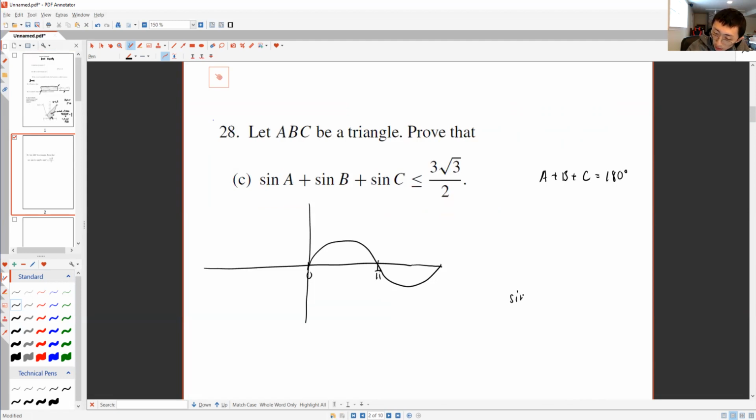Let's say the function is sine x. Then f prime x would be cosine x, and f double prime x would be negative sine x. And this is always less than or equal to 0 for all x in the interval from 0 to pi.